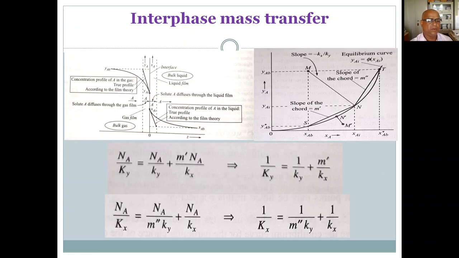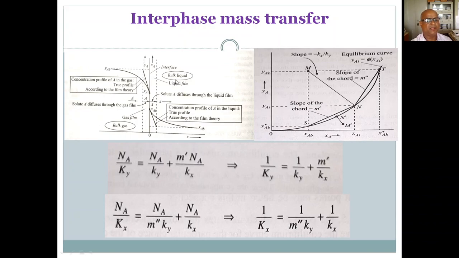And here we said, although we have taken the example of gas liquid, this interphase mass transfer is applicable for any two phases. If I take liquid, gas, solid, whatever phases we take, the same principles will apply.